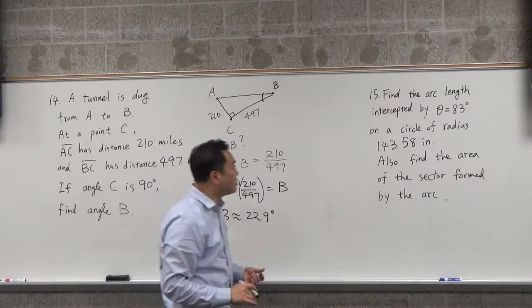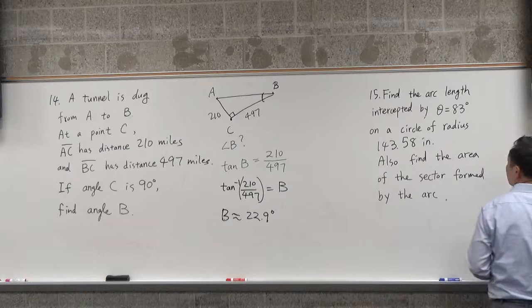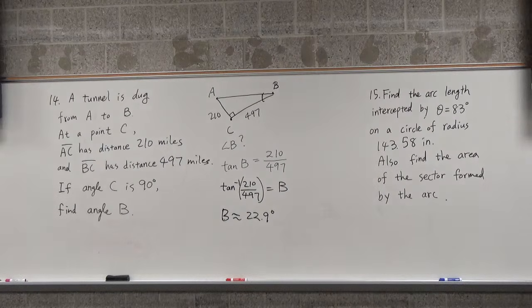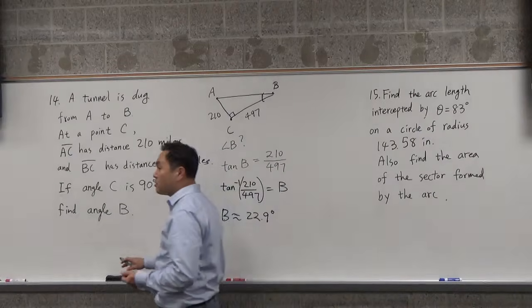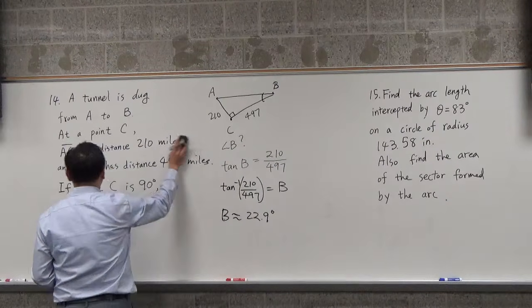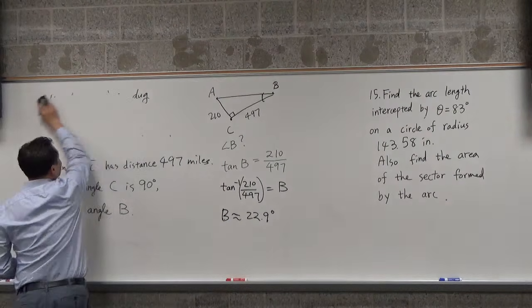Next question, find the arc length intercepted by theta equals 83 degrees on a circle of radius 143.58 inches. Also find the area of the sector formed by the arc. This question requires the formula SOAR.